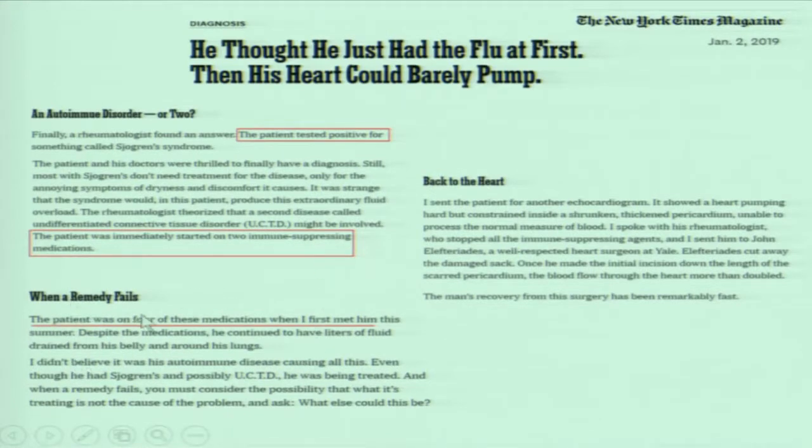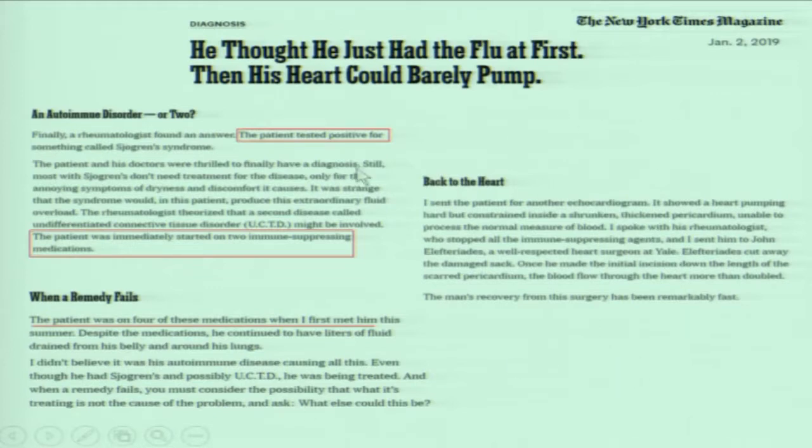Now, when a remedy fails, at some point he was on 4 of these medications, but he was not doing well, okay? I didn't believe it was his autoimmune disease, even though he had Sjogren's and possibly UCTD. So they had already assumed that that was the case, and I'm assuming that was based on an antibody test.